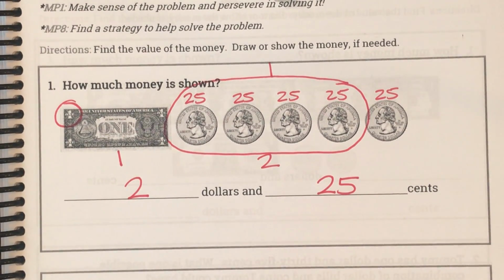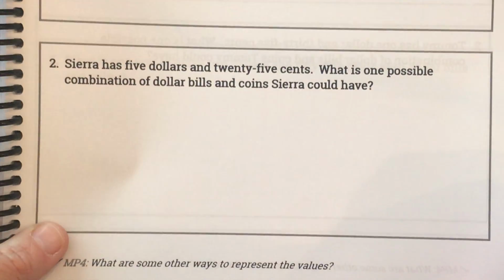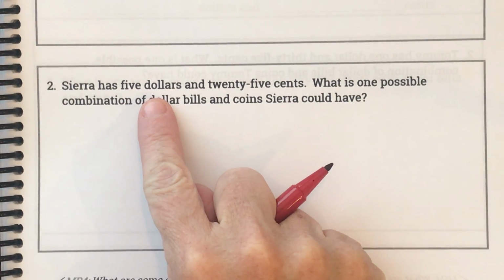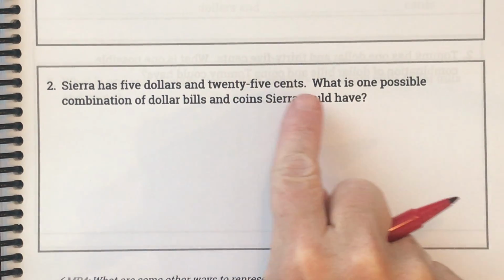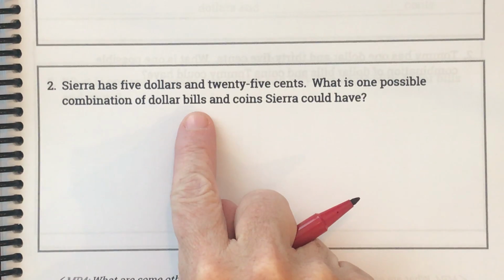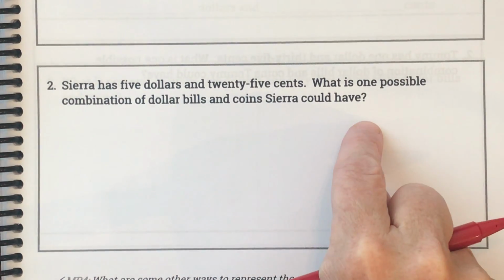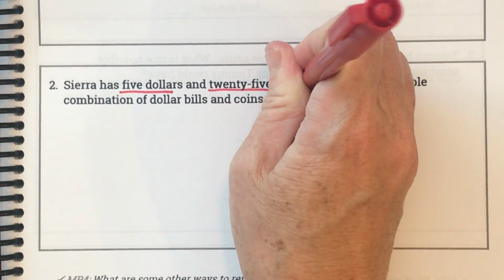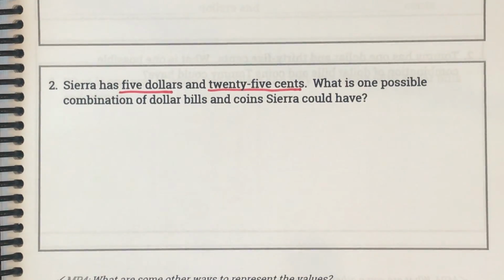Okay, let's look at my next one. My next one says, Sierra has $5.25. What is one possible combination of dollar bills and coins Sierra could have? Now, when we've done these in the past, we always start with the largest denomination.